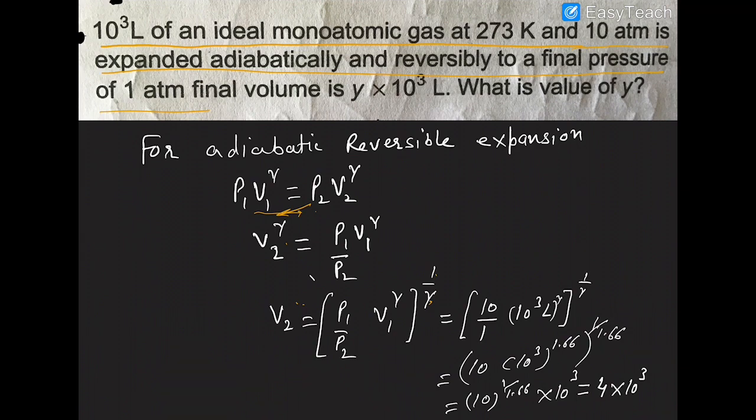When you take that 1 by gamma into 10 and 10 to the gamma multiplied by 1 by gamma, the gammas cancel out each other. So the answer can be 10 power 1 minus gamma, that is 1.66 into 10 power 3. So it comes out to be 4 into 10 power 3. That's how it comes down.